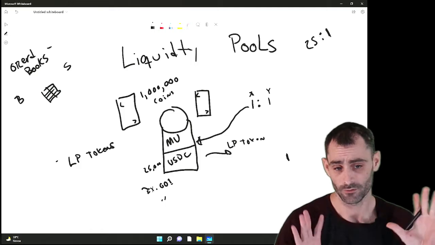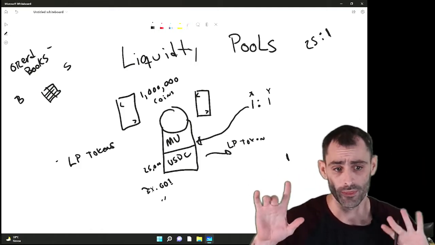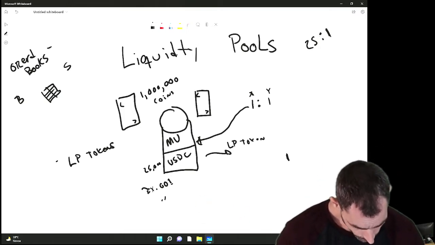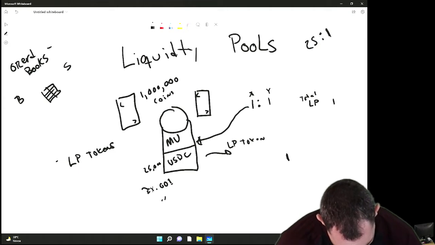Again, I'm just using very simple math so that no one gets confused with the fancy numbers on my whiteboard. Now inside that liquidity pool, there's 1 total token. This was person 1.